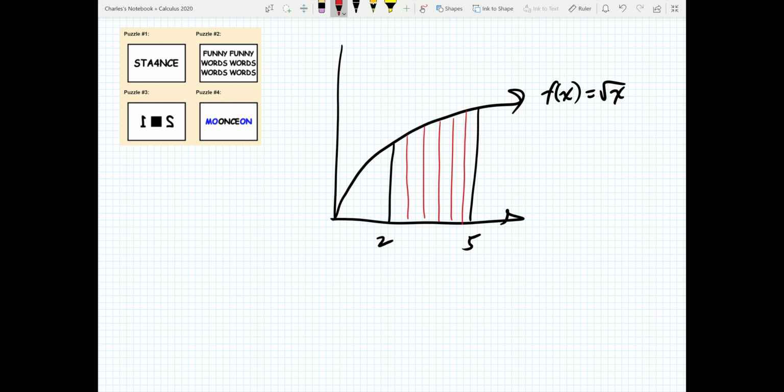So I'm going to call the left boundary A and the right boundary B, and n is going to be the number of rectangles that I have.